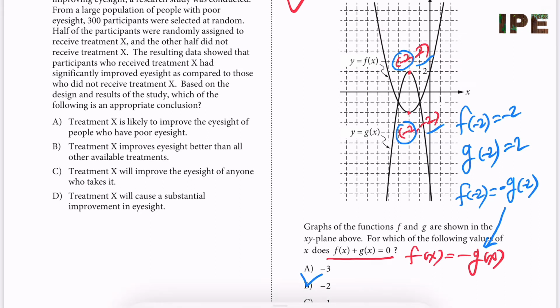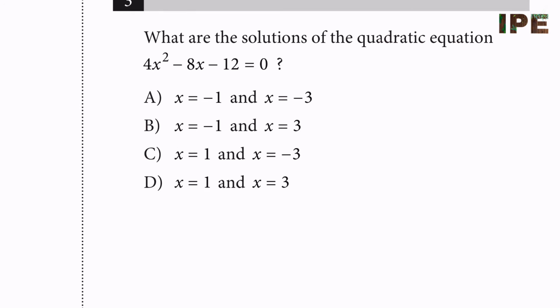Because it asks you the value of x. So at x equals negative 2, this equation is true. What are the solutions of the quadratic equation? It's a simple equation. So find the solution of this equation. Every single term has 4.